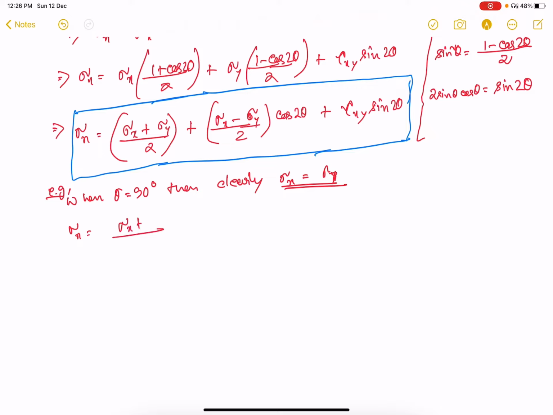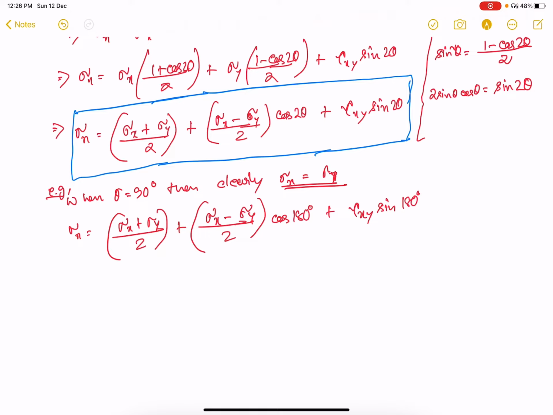It's sigma x plus sigma y divided by 2 plus sigma x minus sigma y divided by 2 cos 180 degree, 2 into 90 degree, plus tau xy sine 180 degree. Now, sine theta is positive, positive, negative, negative, and cos theta is positive, negative, negative, positive.